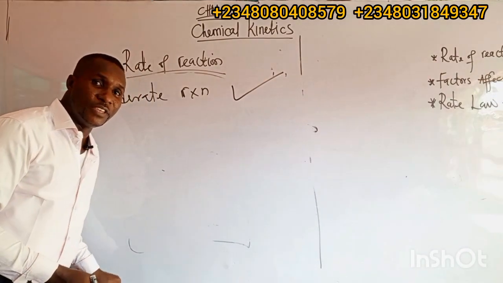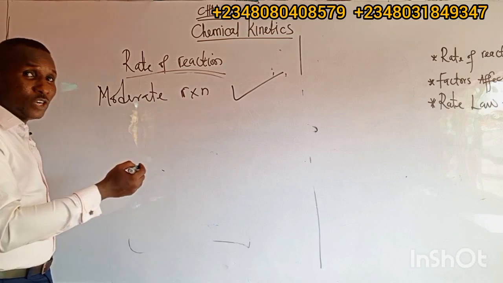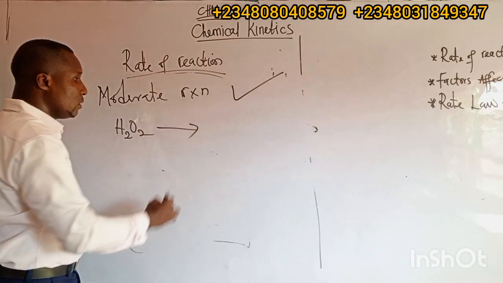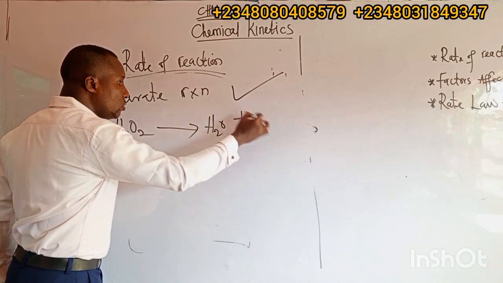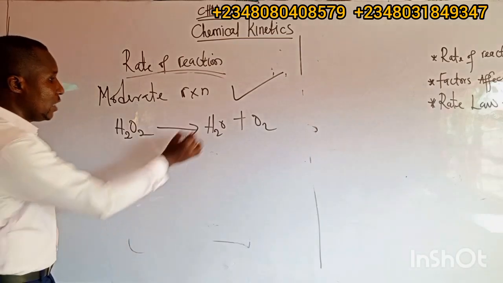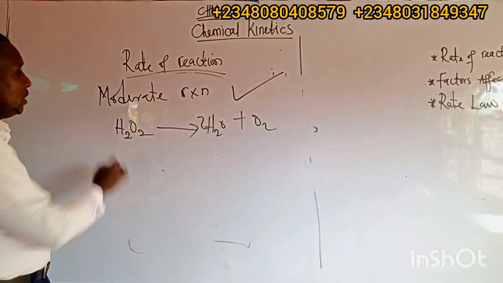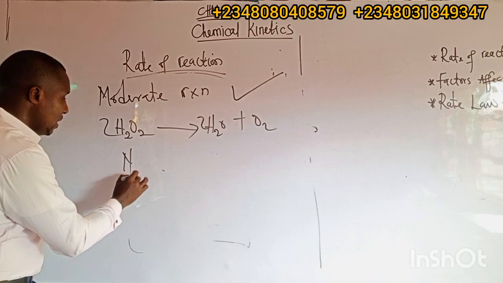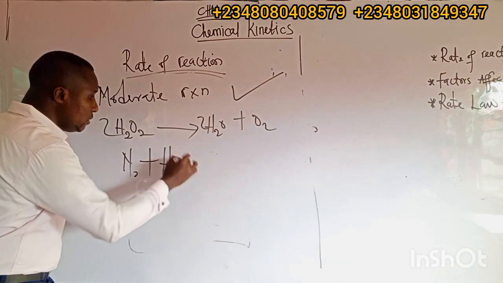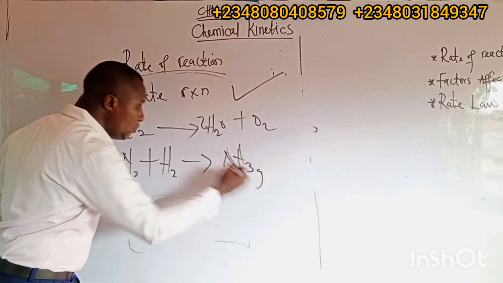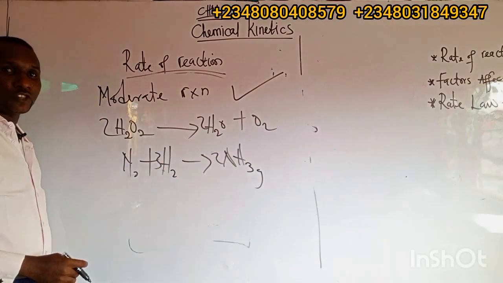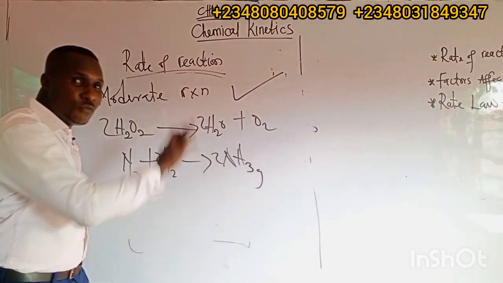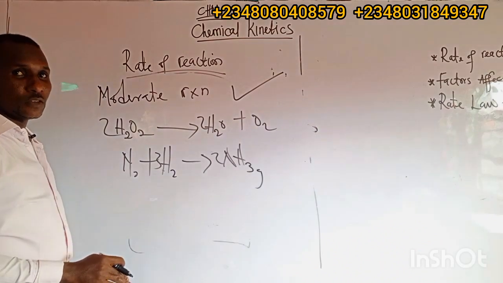An example of a moderate reaction is the decomposition of hydrogen peroxide to give H2O plus oxygen. The rate of reaction can be determined. Another example is nitrogen gas plus hydrogen gas to give ammonia gas. This is a moderate reaction. We can determine the rate of a moderate reaction. Take note of that.